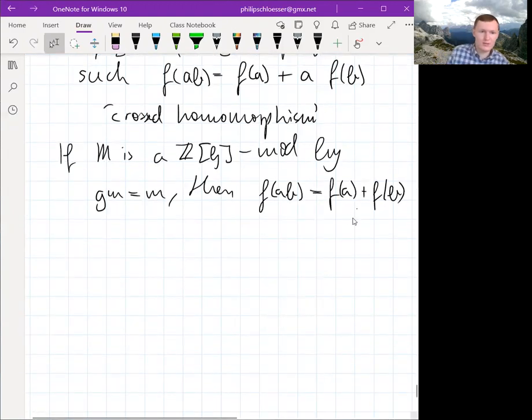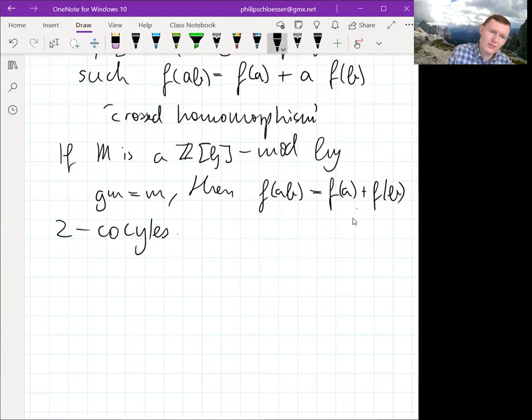And those are the 2 co-cycles. But what are the 2 co-boundaries?